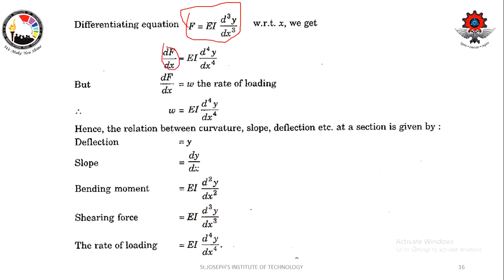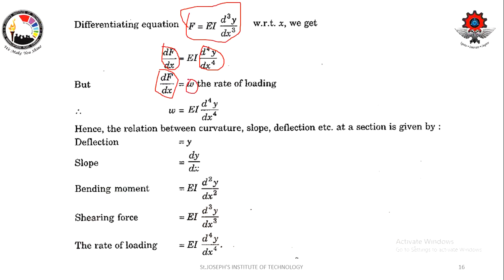Now again, if you differentiate this equation F is equal to EI d cube y by dx cube on both sides, you will get dF by dx, and EI is constant. This d cube y by dx cube is going to change into fourth order, d power 4 y by dx power 4.